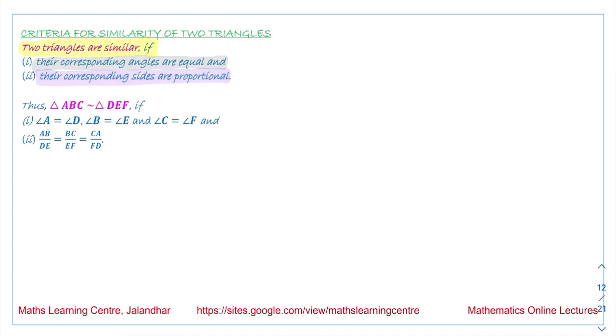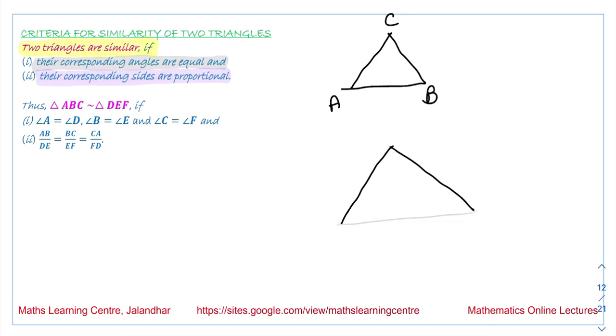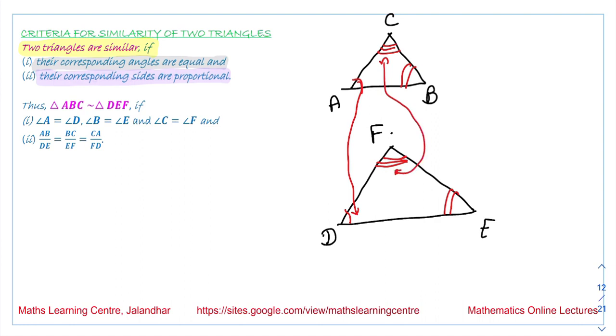So these can be written as, if we have two triangles, one is this triangle ABC, and second triangle, say this is DEF. By this definition, angle A and angle D should be equal, angle at B and angle at E should be equal, and angle at C and angle at F should be equal.